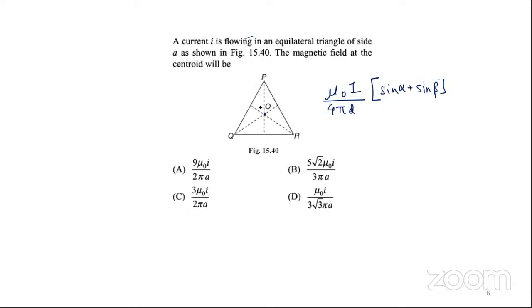So alpha and beta are 60 degrees, multiplied by 3. This will give me 9 mu naught I by 2 pi a as the answer.